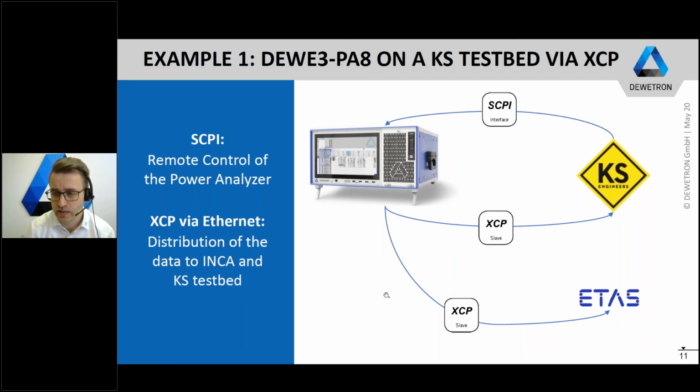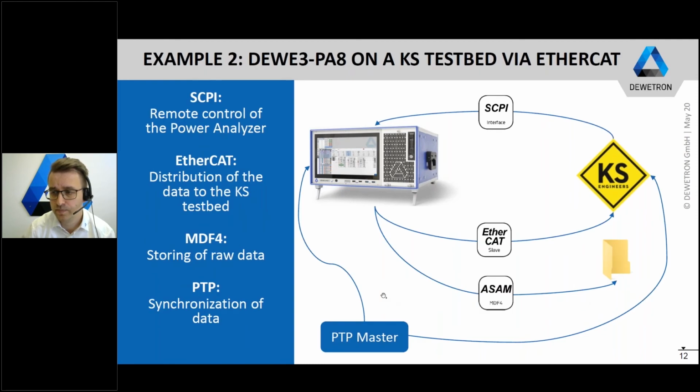In this example, what we also did is another part where again SCPI was used. That was an automobile customer in Germany. SCPI was used to control our system again, and we did send the data back per EtherCAT to Crystalline Site.